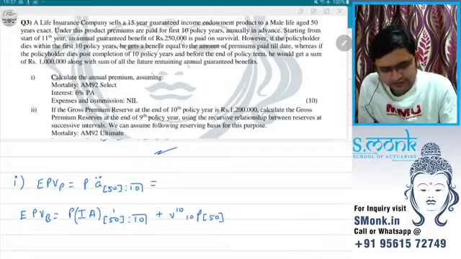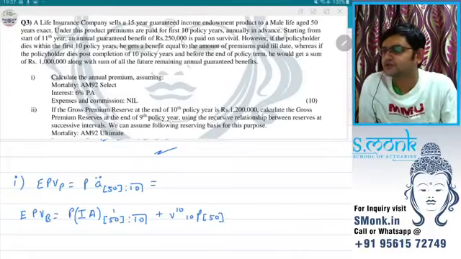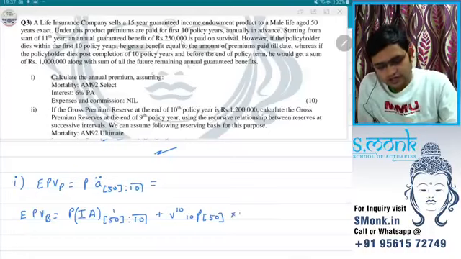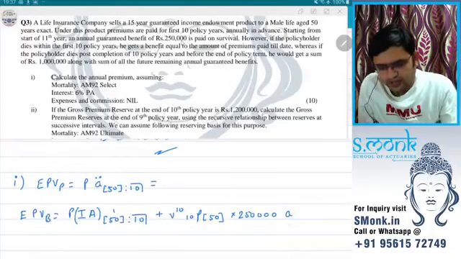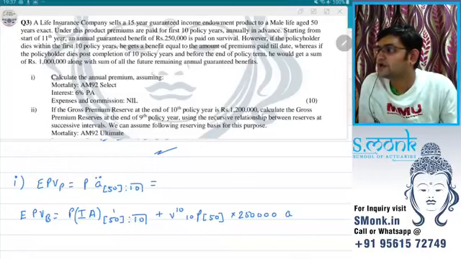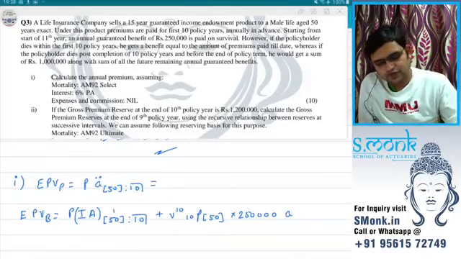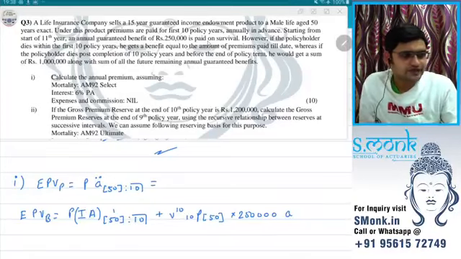If the person survives for the first 10 years, then what happens? 250,000. Right now the person is age 60, so I'll say an annuity paid on survival. They said at the start of the 11th year, an annual guaranteed benefit of this much. As soon as the person survives the 10th year, the person gets this much.